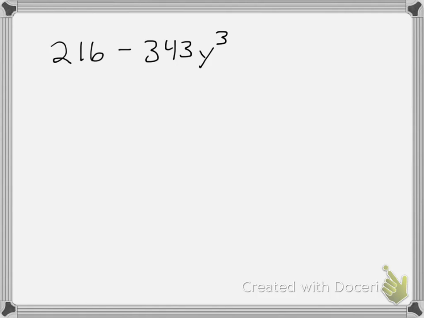We identified that I can take the cube root of all of my terms, so we can use difference of cubes in this case. So I need a binomial, and I need a trinomial. The binomial I'll get by taking the cube root of 216, which is 6, and the cube root of 343 y to the third, which is 7y.